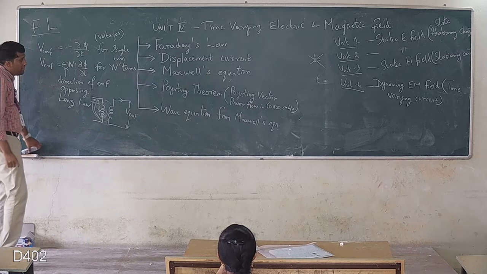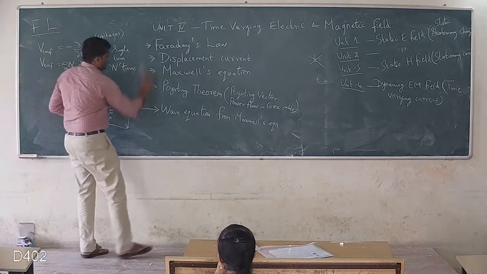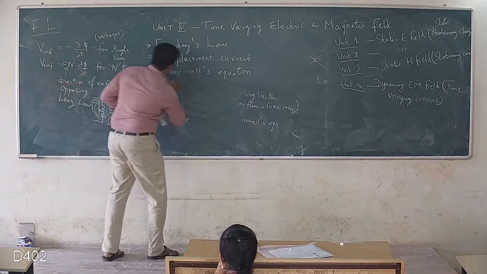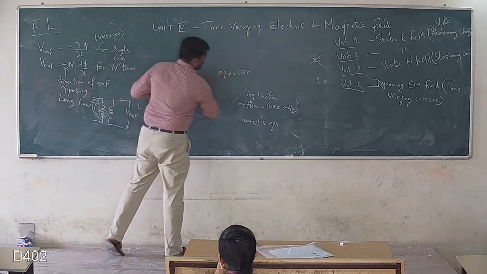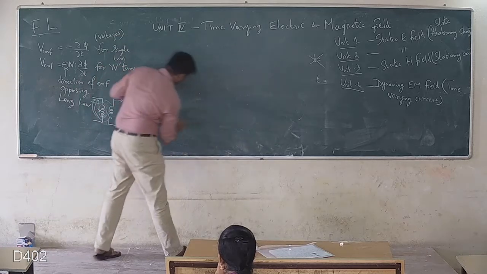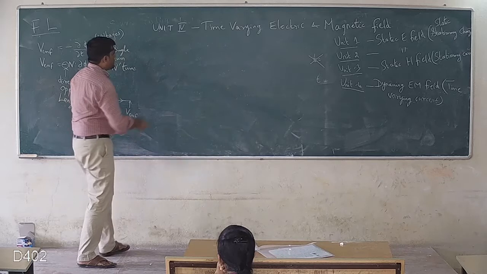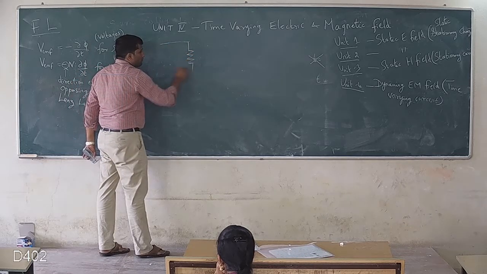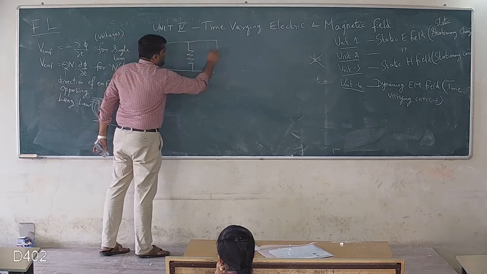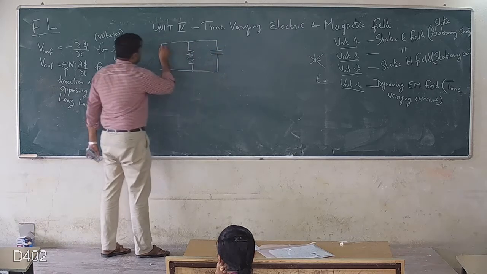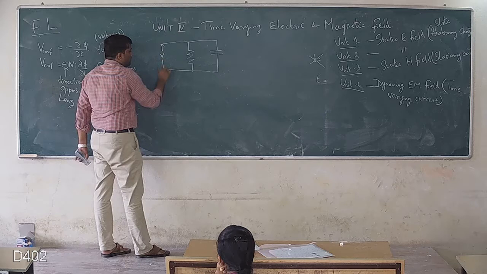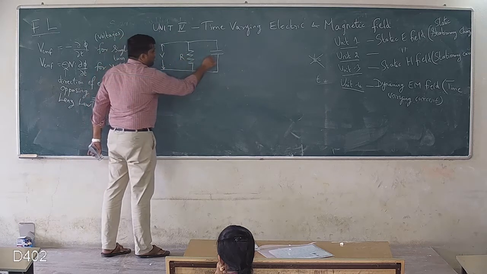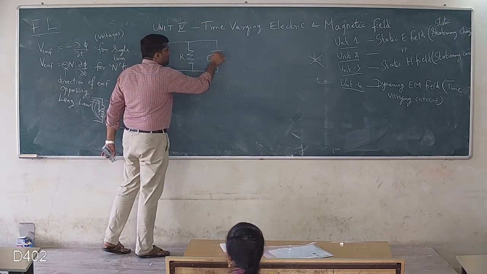Next thing is displacement current. Let us consider a circuit containing a resistor and a capacitor. Here we are applying the potential, the resistor is here, then the capacitor, and the capacitor is filled with dielectric material.